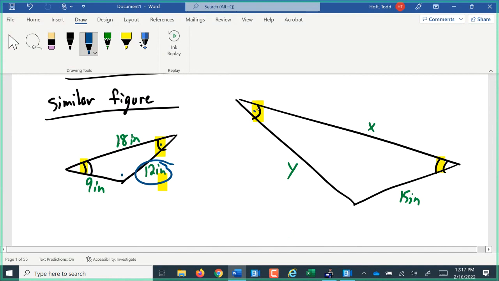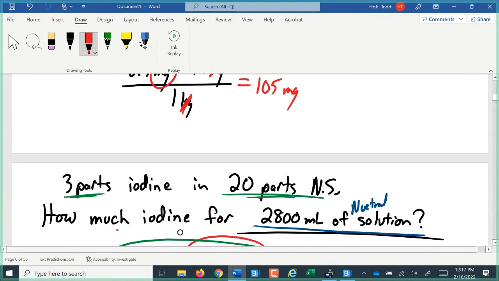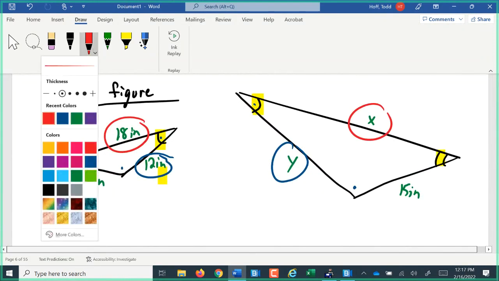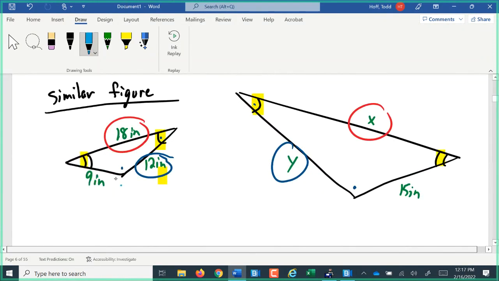That would match up with the Y. 18 is between the two marked angles. Over here, X is between the two marked angles. And finally, 9 is between the double arc angle and the unmarked one. Over here, 15 is between the double arc and the unmarked angle. Those are our pairs of corresponding sides.